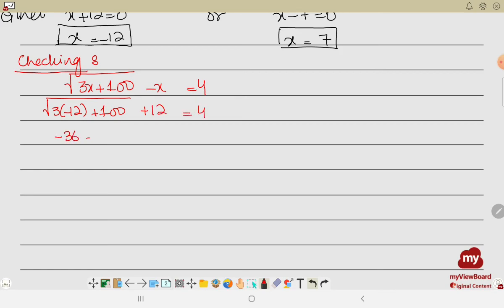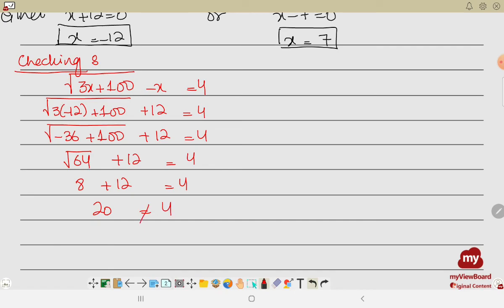When you solve it further, you'll get square root of 64 plus 12 equals 4. When you take the square root, it becomes 8 plus 12 equals 4, and you see the two sides are not equal. So we cannot write x equal to minus 12 in the solution set.